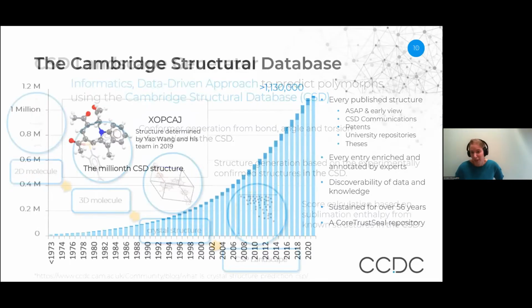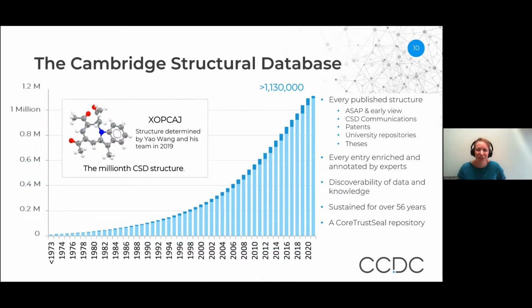So the CSD, the Cambridge Structural Database, just for some background, is the core that CCDC is based around. We have over 1.1 million experimentally verified structures. We get these from publications, including early publications.